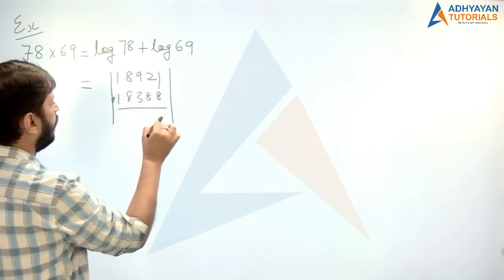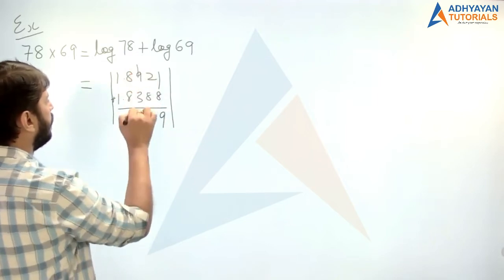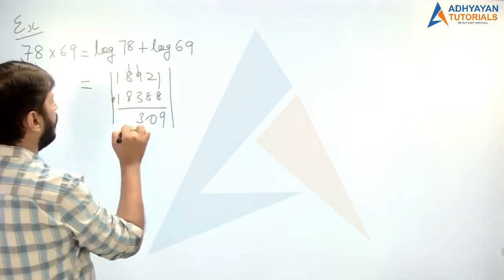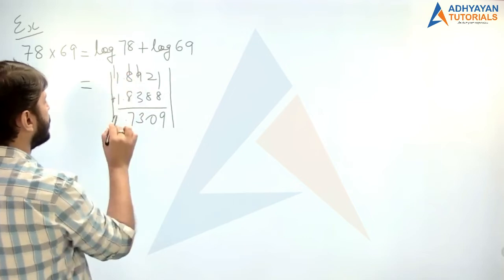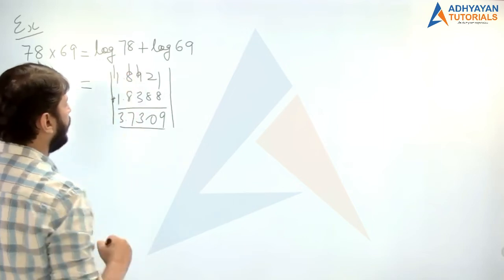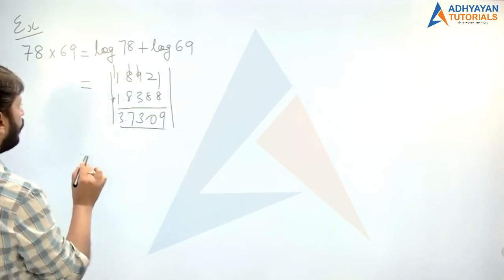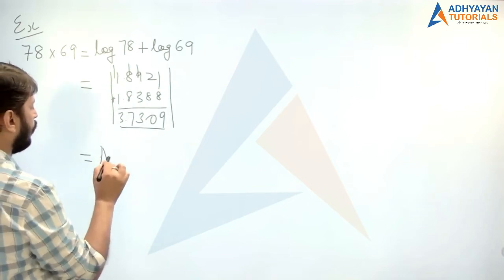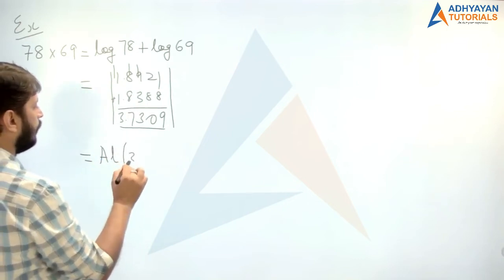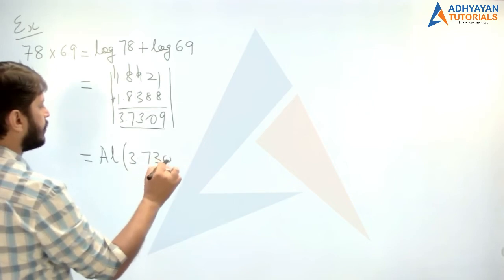I add them: 9, 10, 13, 17, and this is 3. So 3.7309. Then I go here, I will say it as anti-log of 3.7309.